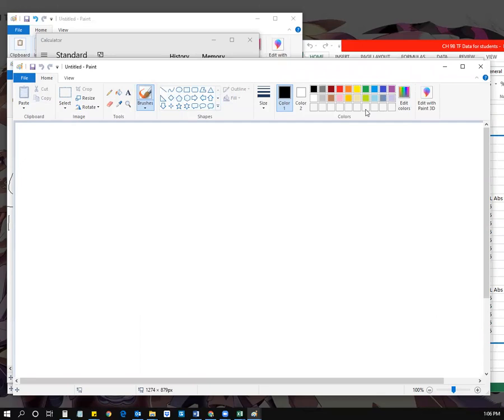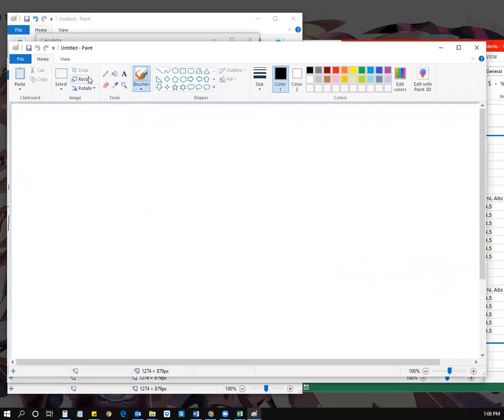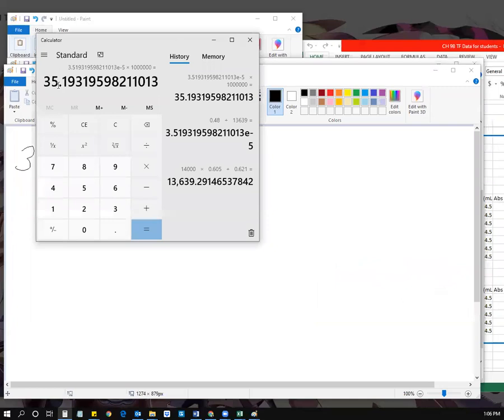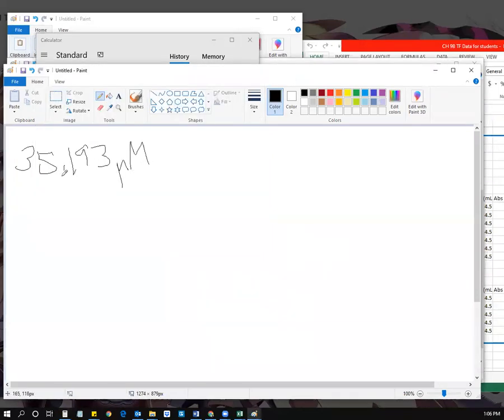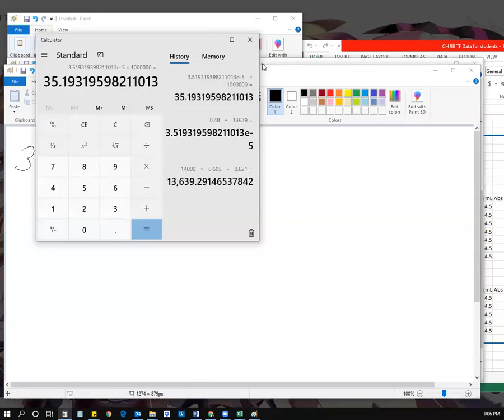35.193 micromolar. Remember that we're not going to be too much of a stickler for significant figures. I do have many, many digits from my previous answer, but I just decided to carry over a few more decimals here.